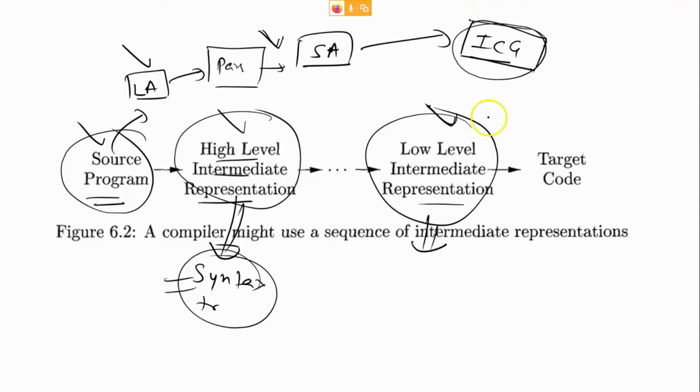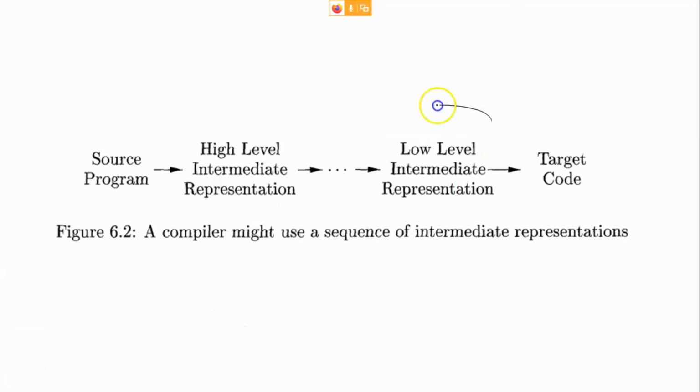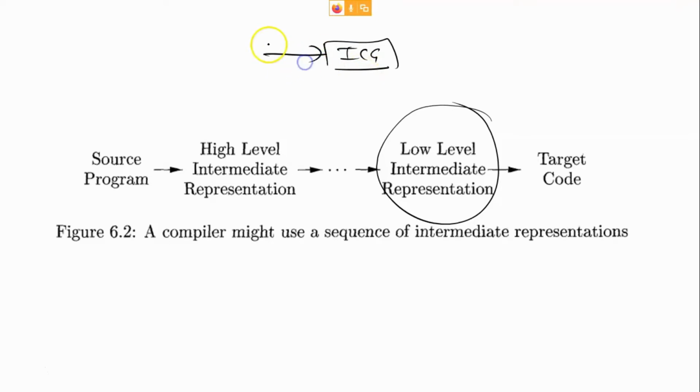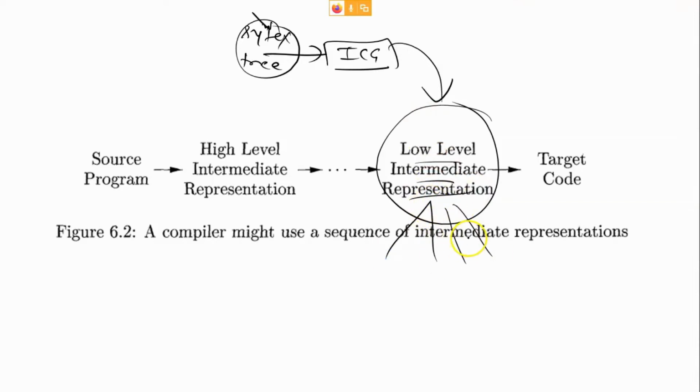So our focus today will be the ICG stage, intermediate code generation. This stage takes the syntax tree as an input and converts it into a low level intermediate representation. Different compilers can use different representations.